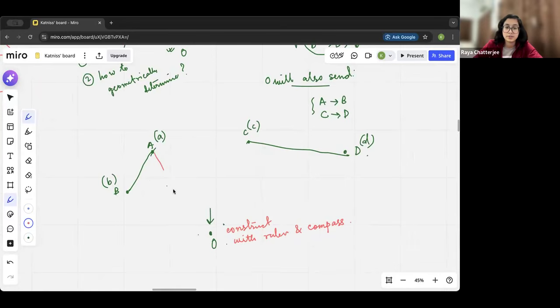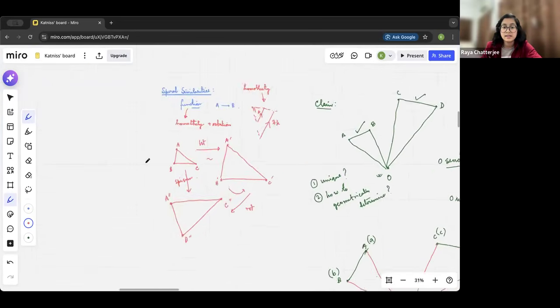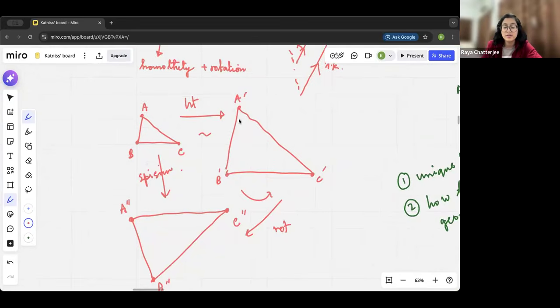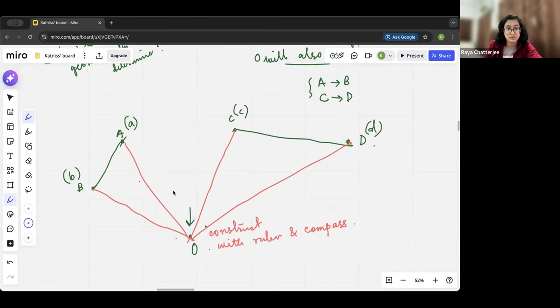Okay, sure. Good question. Basically, this is not just a rotation. Notice that I first said that this is a dilation and a rotation. I don't care about the order, but it has to have a dilation and a rotation.